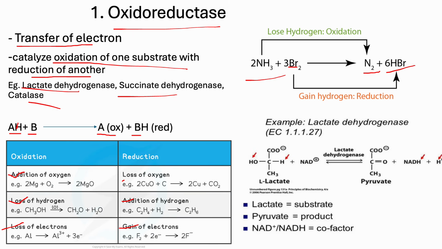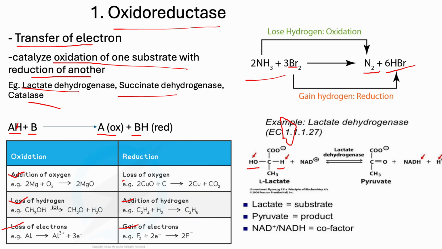And there is an example of lactate dehydrogenase, which has EC value 1.1.1.27. EC value 1 means it's class 1, the first class, oxidoreductase. If you look closely at the lactate structure, you see here OH and here hydrogen.